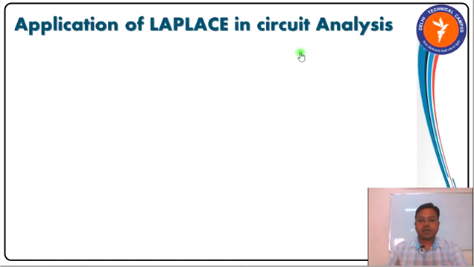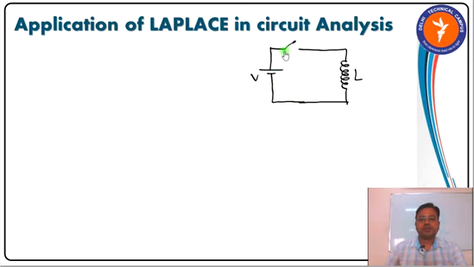Let us consider a pure inductor having inductance L connected across a DC voltage source of magnitude V with a switch.